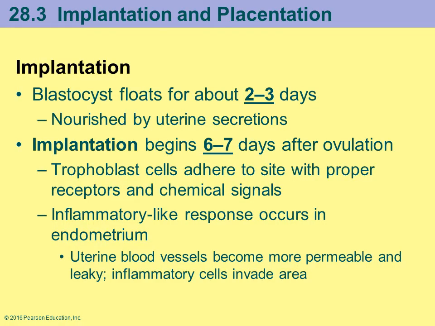So that blastocyst, as I said, will float around for a few days. It's nourished by the uterine secretions, and after about 6 to 7 days after ovulation, implantation actually begins. The cells will start to adhere to proper receptors, and chemical signals of the endometrium will help to make it more permeable so it can attach.